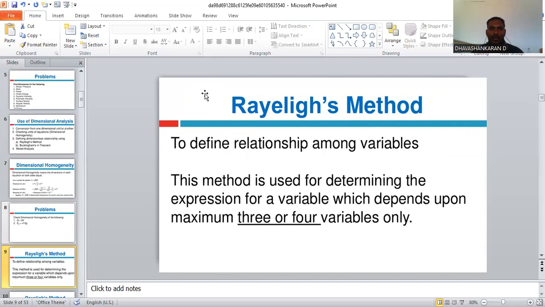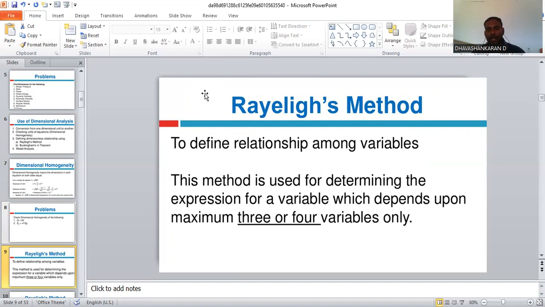Rayleigh's method defines the relationship among the variables, such as velocity and acceleration due to gravity, whichever variables are given in a problem. This method is used to determine the expression for a variable which depends upon a maximum of 3 or 4 variables only.